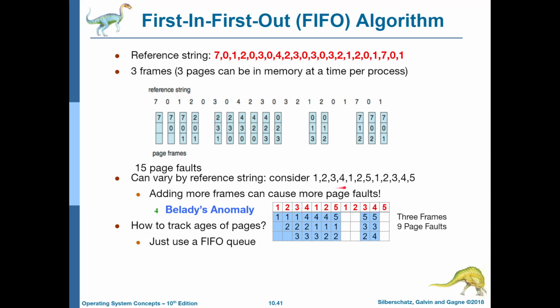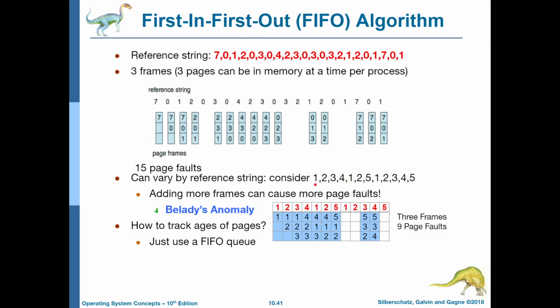Now that value of comparison, the page faults, actually can be misleading because of something called Belady's anomaly. So we're going to temporarily use a reference string here, this 12 value reference string. And let's go ahead and run this reference string through first in, first out, using 3 frames.